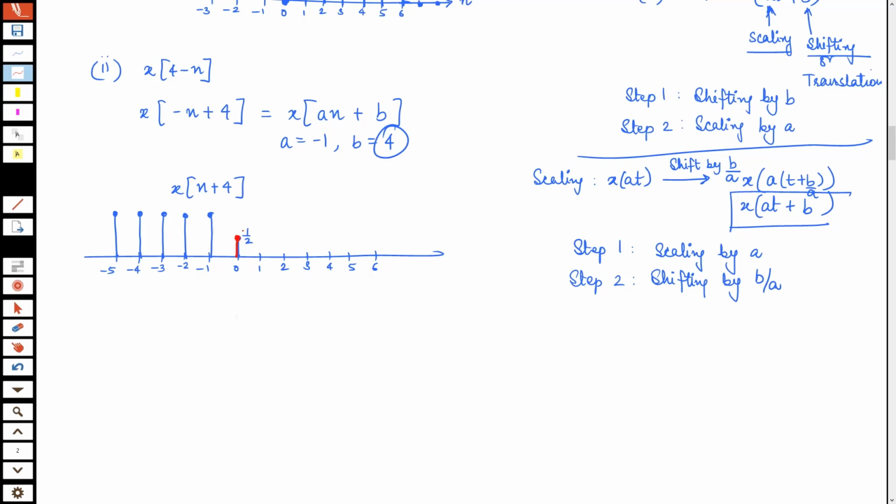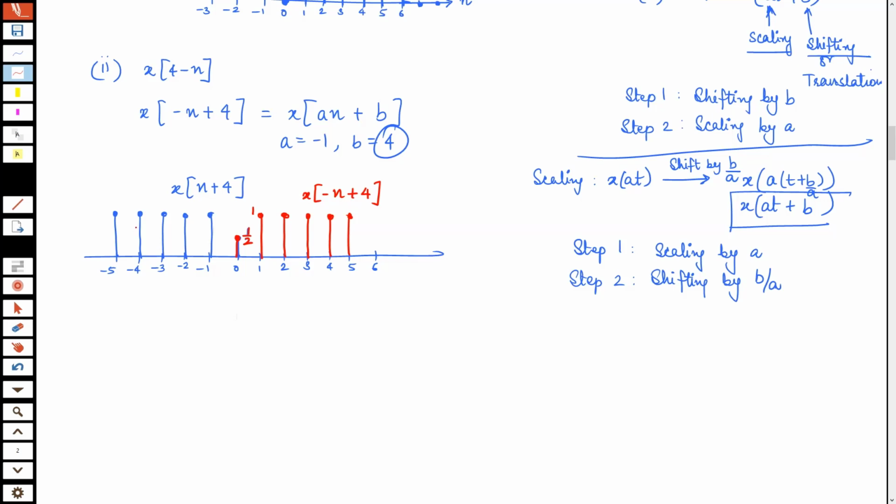And rest everything is flipped. These are all values. This is 1 by 2 and this is 1. And the one in red is actually x of minus n plus 4.